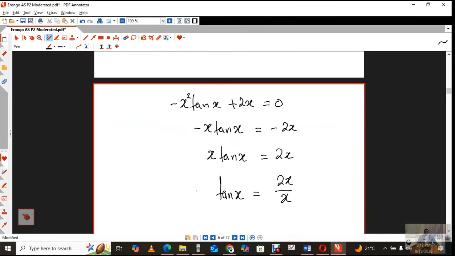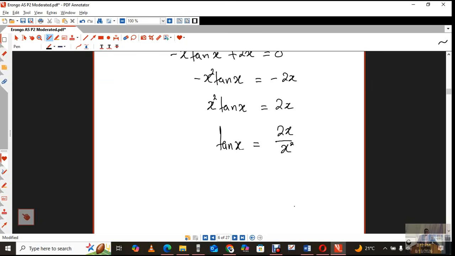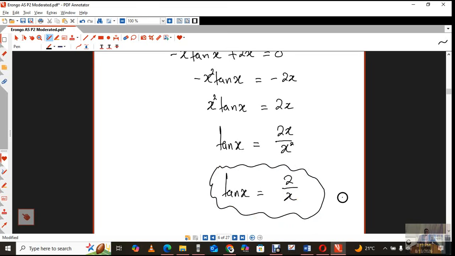It's always nice to go back and make sure that you don't make mistakes in your working. That little square over here, and then you have a square over here. So eventually the final answer is going to be that the tangent of x is equal to the 2x cancels there over x. And this is what we were supposed to establish, and that is 100% correct.